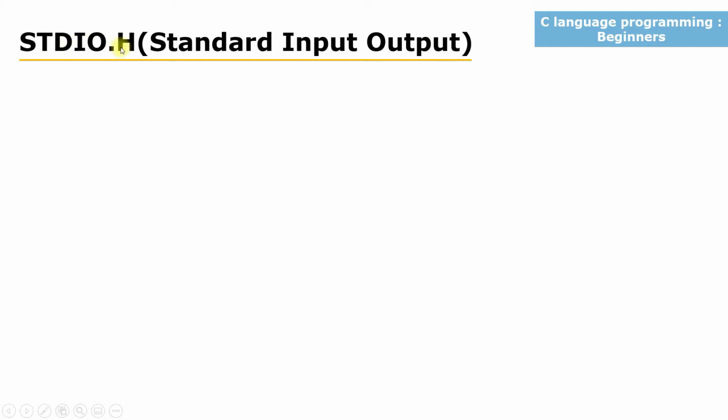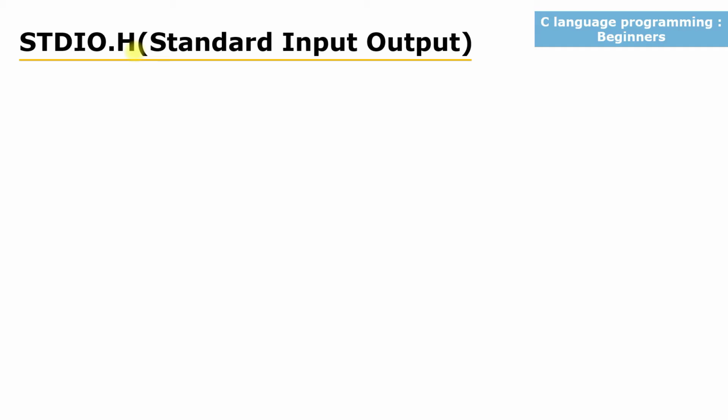So the stdio.h header file contains a group of predefined functions which help us to read data from the keyboard and display data onto the monitor while executing the program. It not only provides functions related to keyboard and monitor, but also functions which help us to read data from a file and write data to a file.